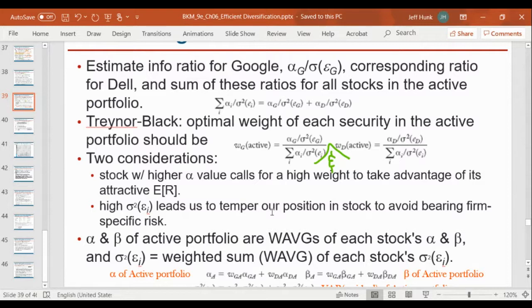Our optimal risky portfolio will not only consist of the passive market index portfolio, plus these active portfolios for stocks, but also a bond portfolio. And that's our optimal risky portfolio.